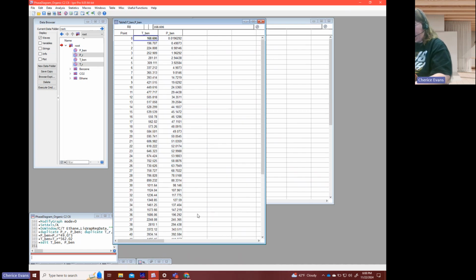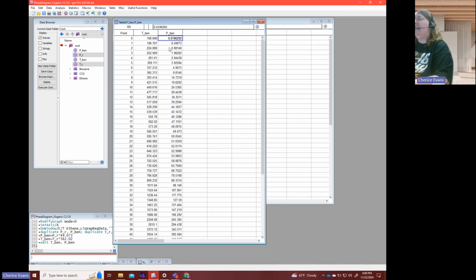First thing I'm going to ask myself is, what is the triple point vapor density of benzene? Because right now my lowest pressure is 0.019. So I need to ask myself, is that above or below the vapor pressure of benzene at the triple point?